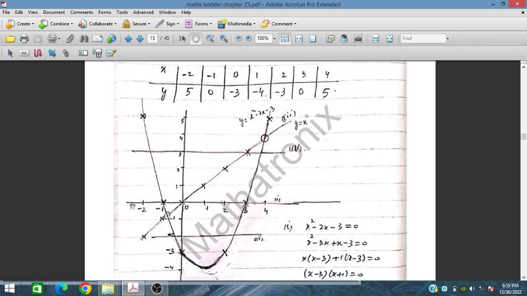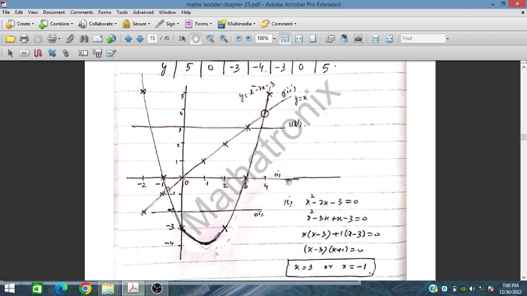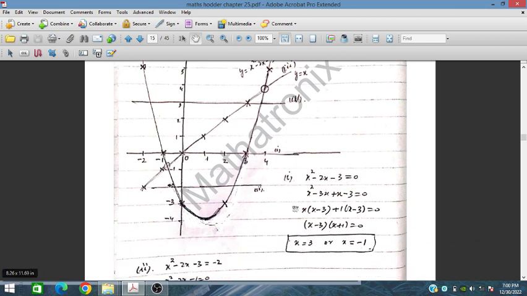So on this x-axis we have this part 1, b part 1. Here we have minus 1 and 3. So for part 1, we factorize and obtain x minus 3 and x plus 1 is equal to 0. So x minus 3 is equal to 0 means x is equal to 3, and x plus 1 is equal to 0 means x is equal to minus 1.